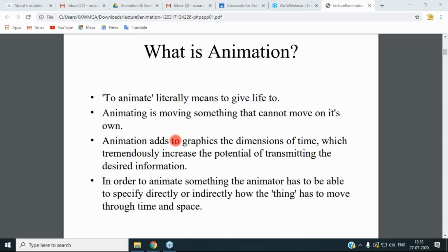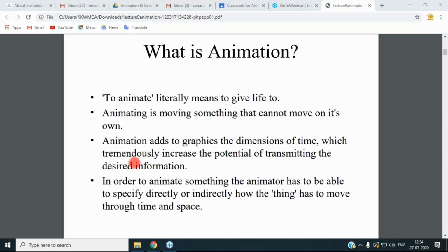Animation adds to graphics the dimension of time, which tremendously increases the potential of transmitting the desired information. Through animation, we are trying to convey many things to different people, and that is why today animation is used so vastly everywhere.